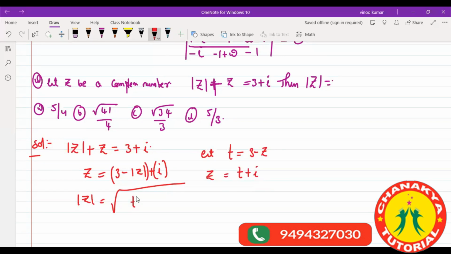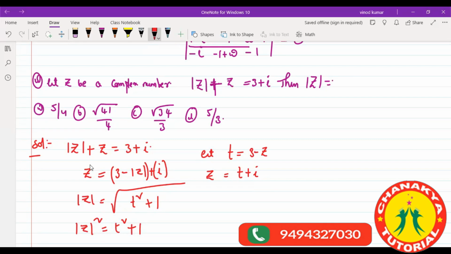So mod z equals square root of t square plus 1, and mod z square equals t square plus 1.